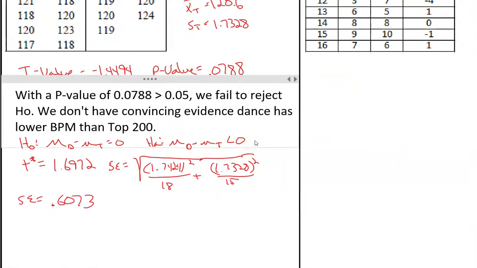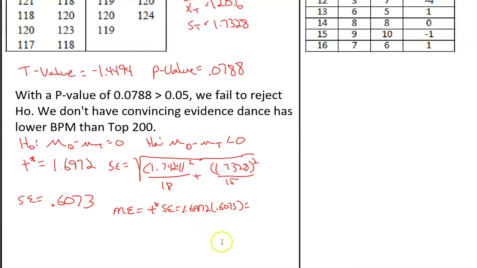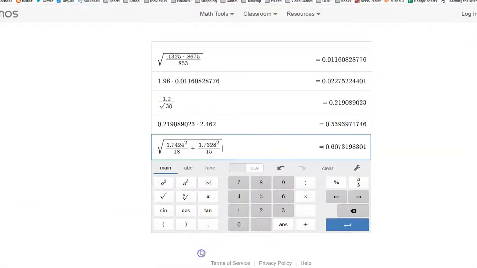And so my ME would be equal to t star times SE, which would be, oops, let me put the t star first, 1.6972 times 0.6073 is equal to, and let's do that in the calculator here.